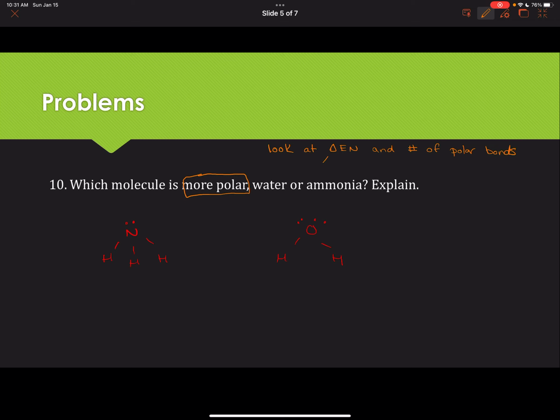So when we look at the differences in electronegativity, the greater the difference, the more polar the bond, the more polar the molecule.